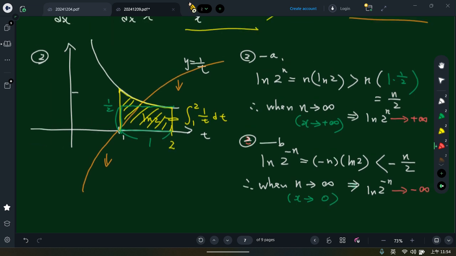So with this, you can see as x becomes very large, the function value will be positive infinity. As x is decreasing and approaching 0, its function value will become negative infinity. So you can see the domain.